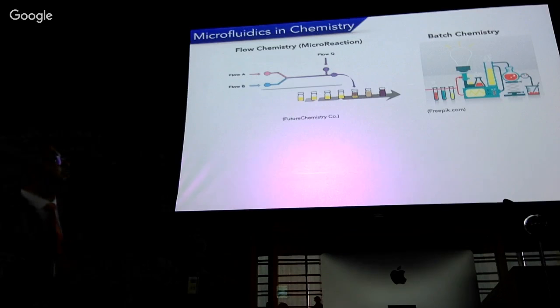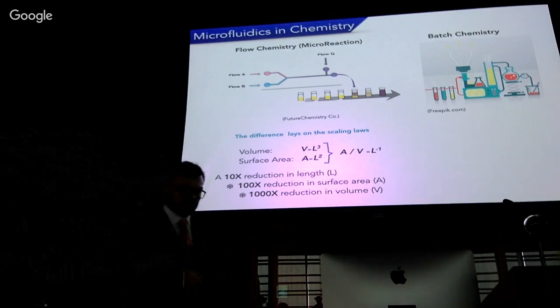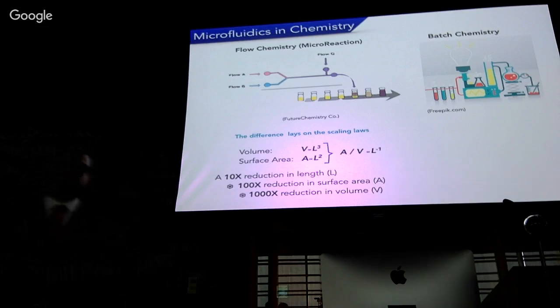The difference between these technologies, apart from the configuration, lies in the scaling laws. Volume scales to L cubed and surface area scales to L squared. L is the length, the characteristic length. So you can imagine when you pass from this macro scale to this micro scale, you have a length reduction.